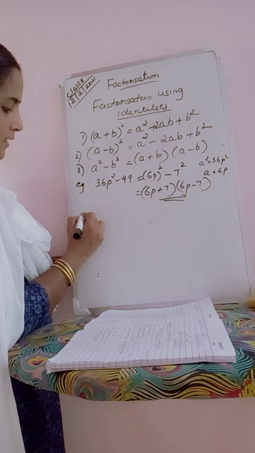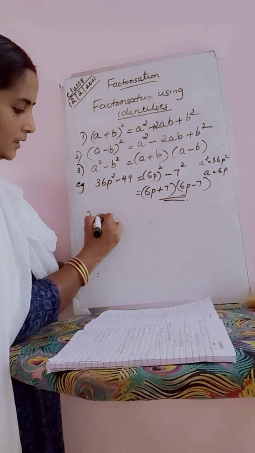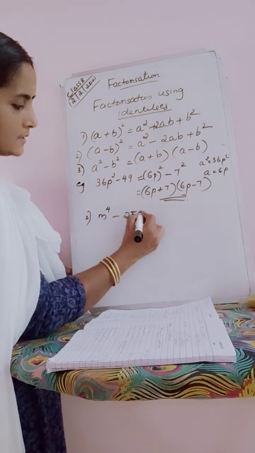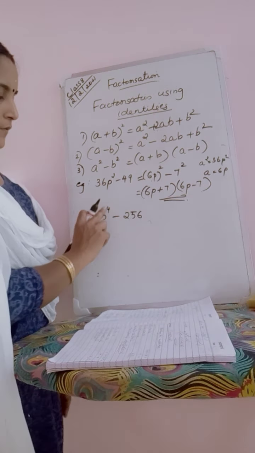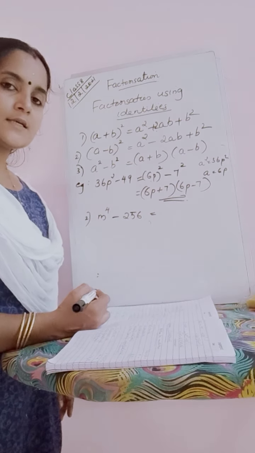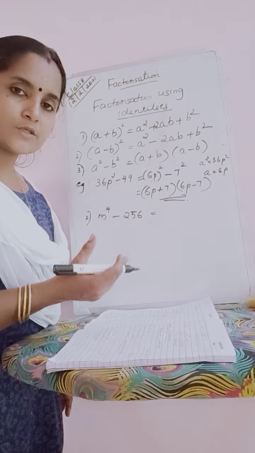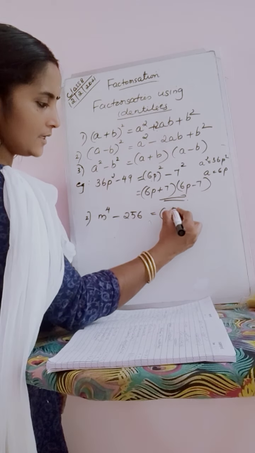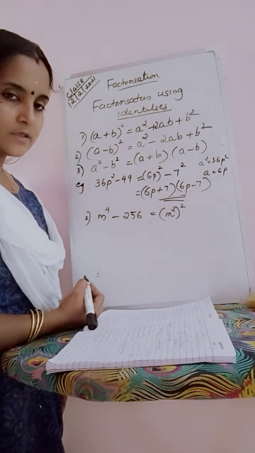Then another example, m raised to 4 minus 256. Here we have m raised to 4, but we need to write it as a term the whole raised to 2. So we can write it as m square the whole square.